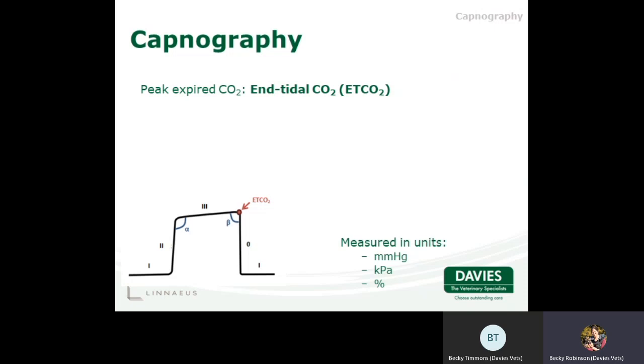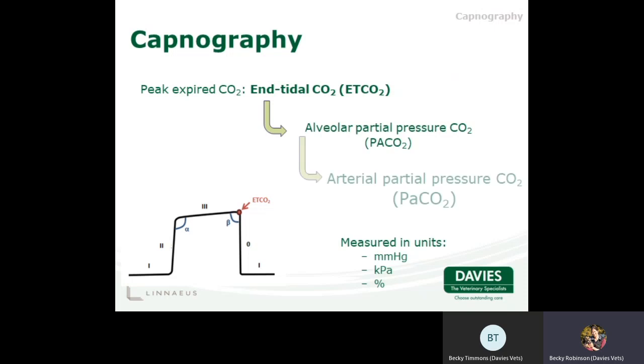Now, our end-tidal carbon dioxide is interesting because this is taken to represent the alveolar partial pressure of carbon dioxide. So that is the amount of carbon dioxide present within the patient's lungs. And in the healthy patient, this correlates well with the arterial partial pressure of carbon dioxide. In the healthy patient, we would expect the arterial partial pressure of carbon dioxide to be only about 2 to 5 millimeters of mercury higher than the end-tidal carbon dioxide.